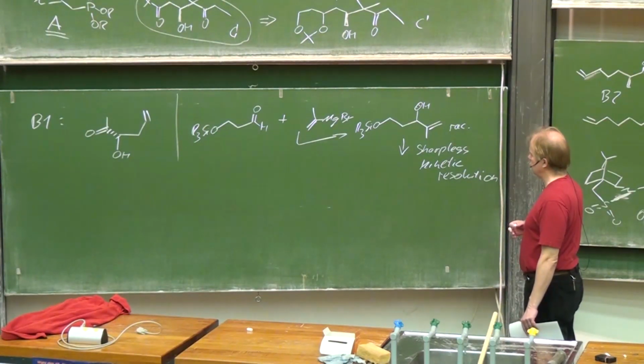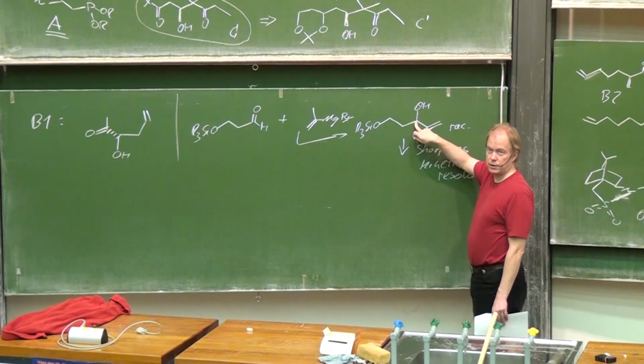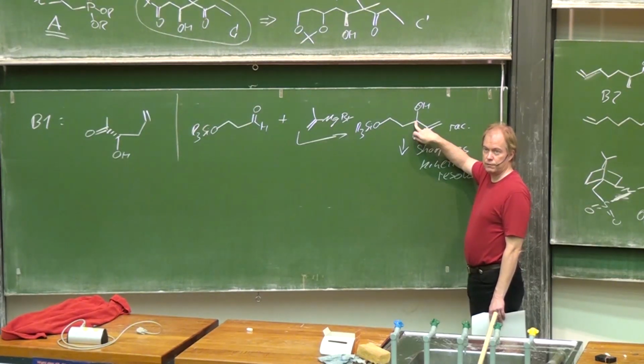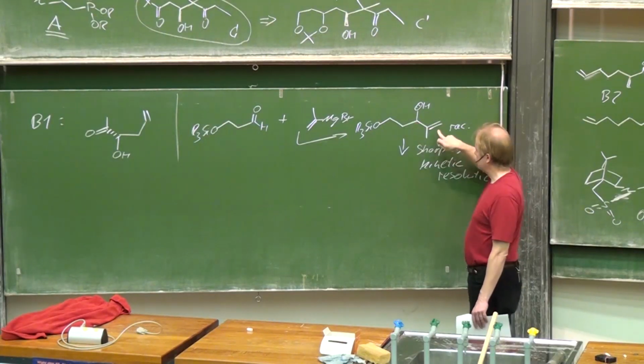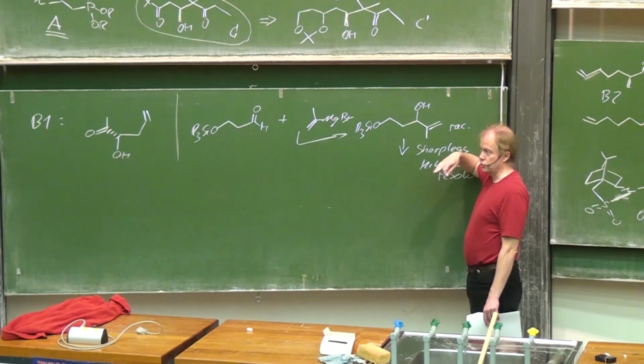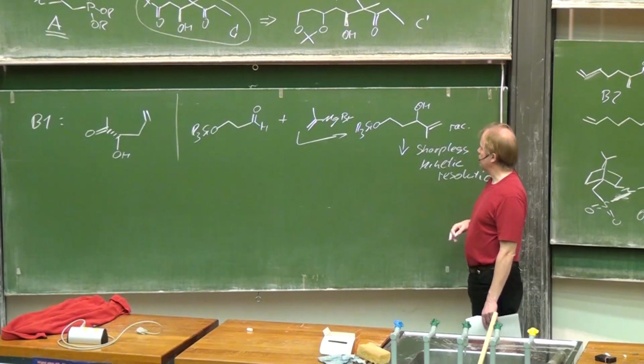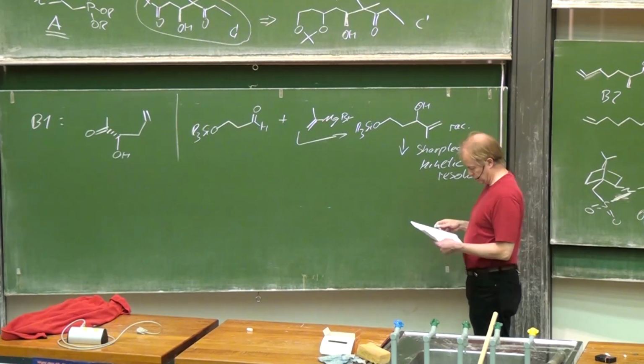But now, you have already a chiral center there, and one enantiomer will react faster in the Sharpless epoxidation than the other one, and therefore, under right reaction conditions, there will be a good yield of one enantiomer of the allylic alcohol remaining.